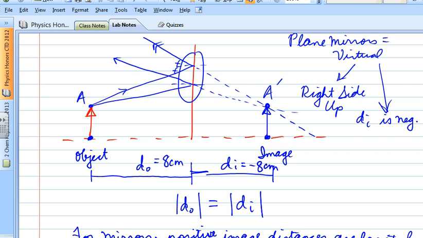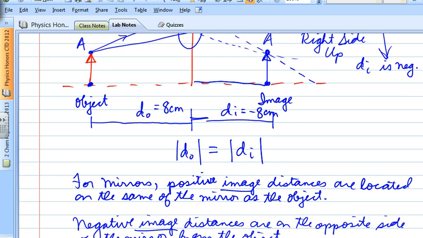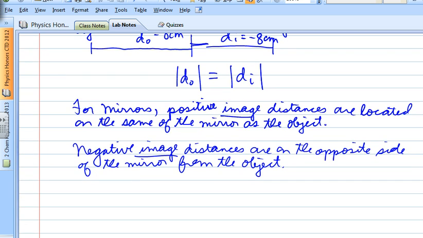Now plane mirrors, like what you see in the bathroom, you're looking in the mirror, right? The image appears behind the mirror. And so for that reason, that is a negative image distance. And we can prove that we have the same magnitude with similar triangles, but I'm not going to go into that right now.